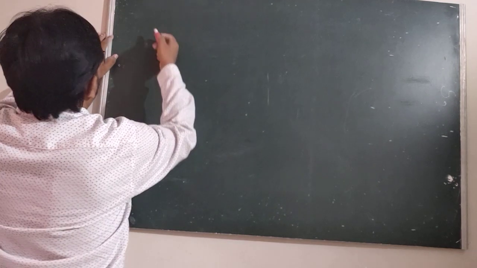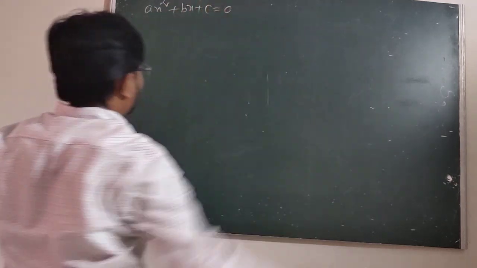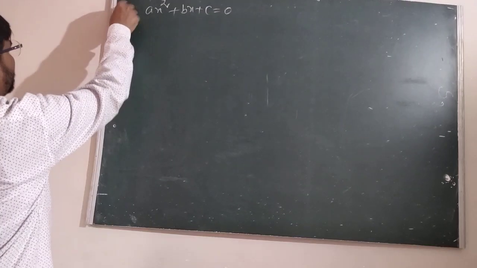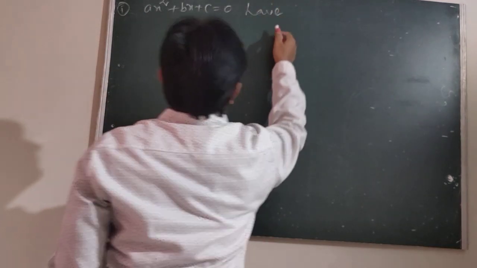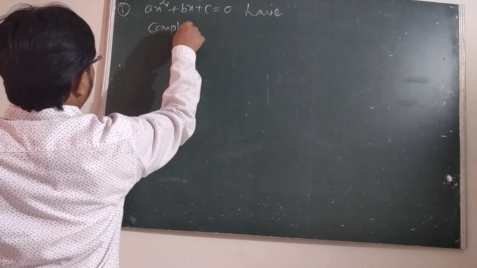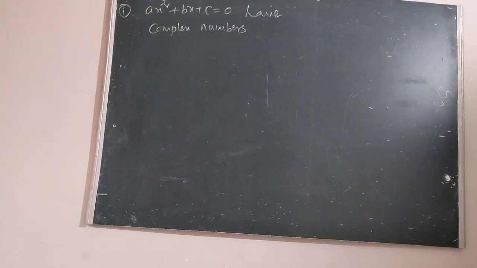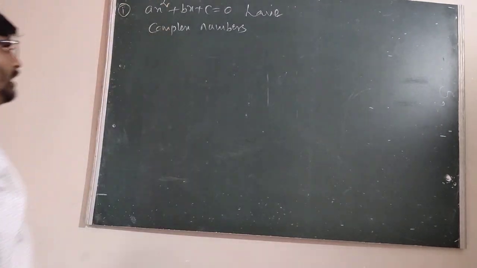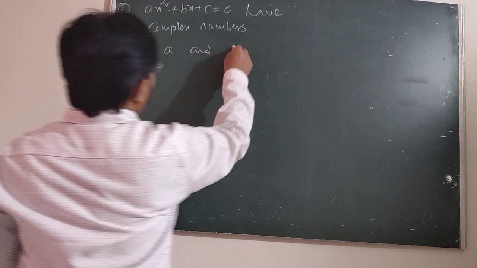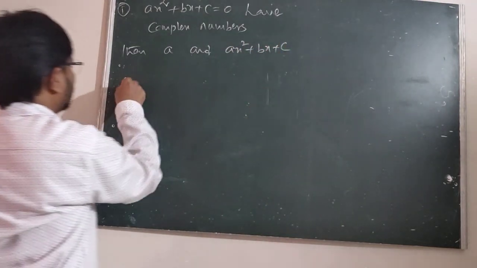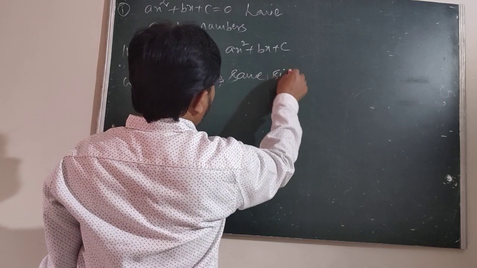Theorem 1, statement 1: if the roots of ax square plus bx plus c equal to 0 are imaginary or conjugate complex numbers, then a and ax square plus bx plus c will have the same sign.